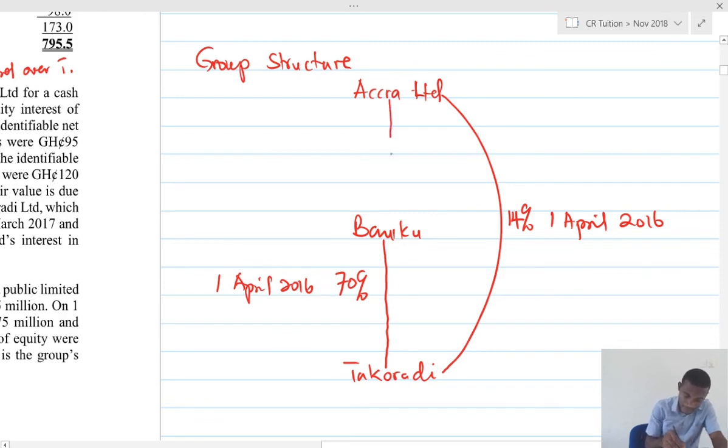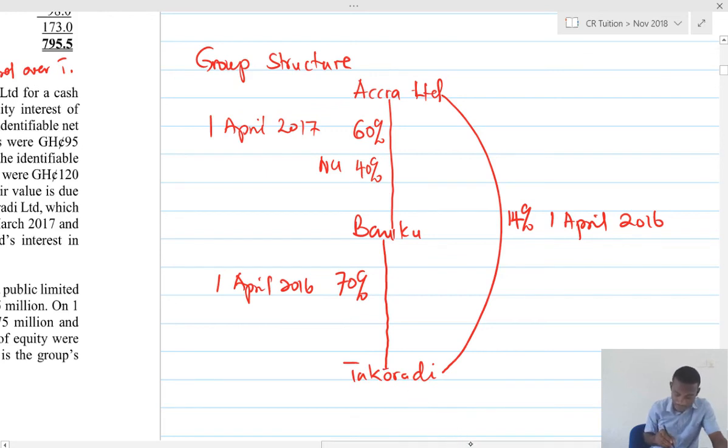Then subsequently on the 1st of April 2017, Accra Limited acquired 60%. Straight away it tells you NCI here is 40%. And on the face of it here, we need to establish the effective interest.